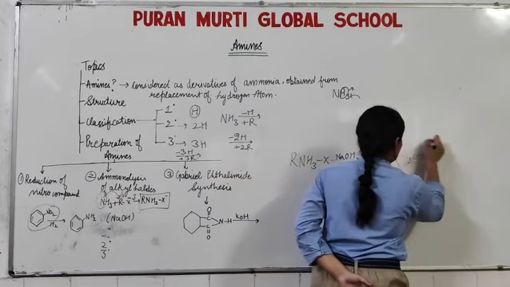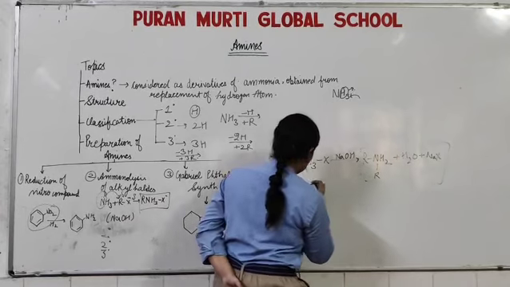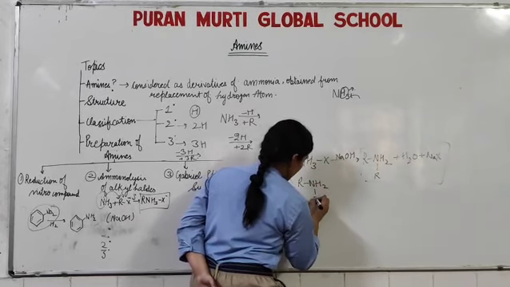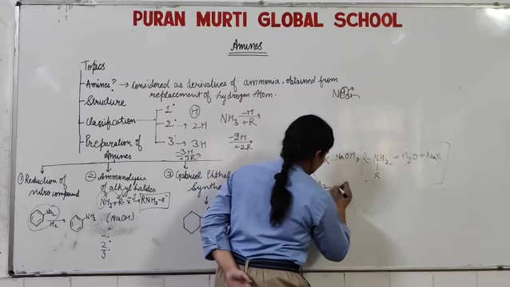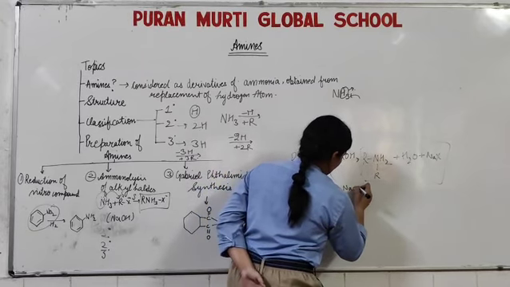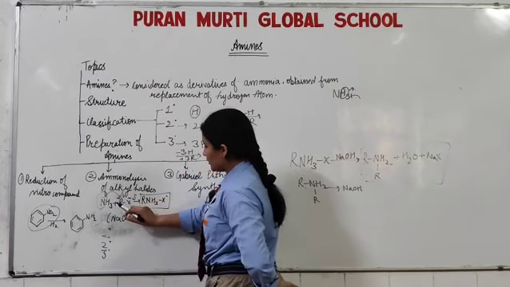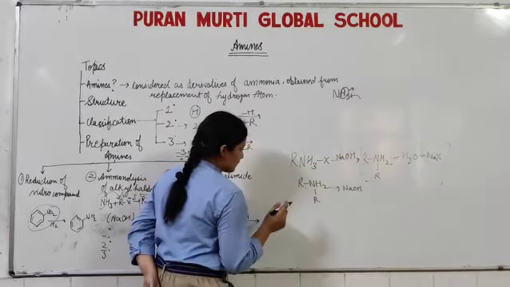This will be our resultant, and from this RNH2, we will give again NaOH. But first we have to add on the RX. The way we did here, we have to do the same over here.